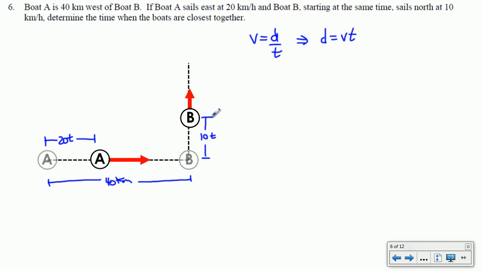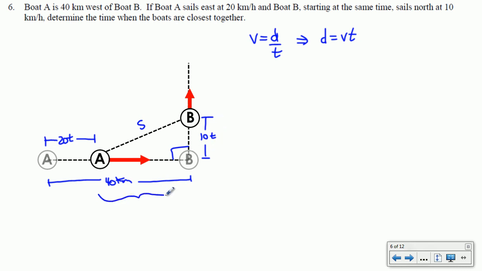So the thing that we're trying to minimize in this question is the distance between A and B. So let's maybe call that distance S. This is a right angle triangle, so we can come up with an expression for S using, you guessed it, the Pythagorean theorem. So we need to come up with a length for this side and a length for this side. Thankfully, it's pretty simple with this side. It's already there.